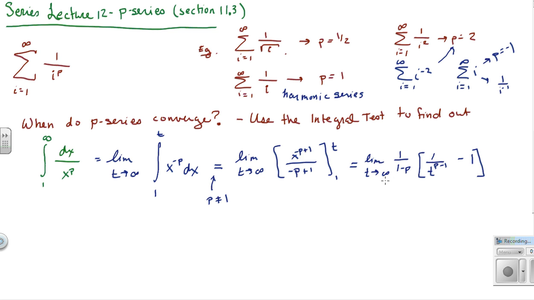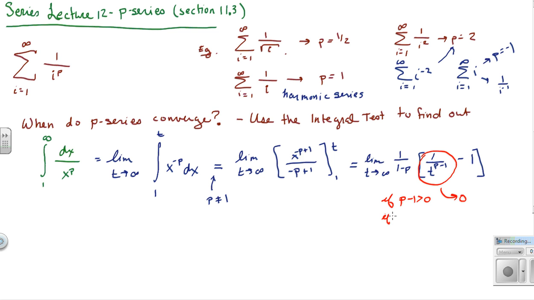So what is happening to t to the p minus 1? If p minus 1 is positive, if p minus 1 is bigger than 0, then this is something in the denominator going to infinity, so the whole thing goes to 0.